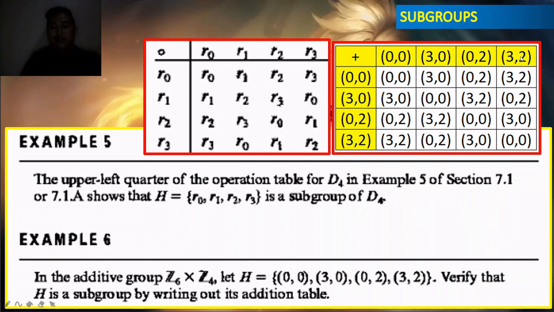Then (3, 2) plus (3, 2) is (6, 4). 6 is 0 in Z6 and 4 is 0 in Z4, so equal to (0, 0). So each is its own inverse. So the inverses, the identity, the closure property, and the associative property hold. Therefore, this is a group. So it is a subgroup of Z6 cross Z4.